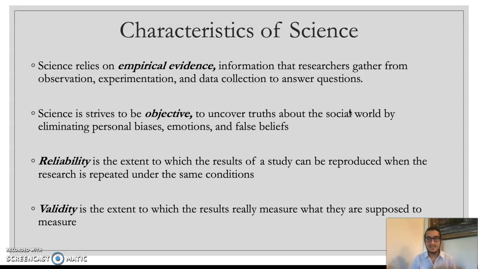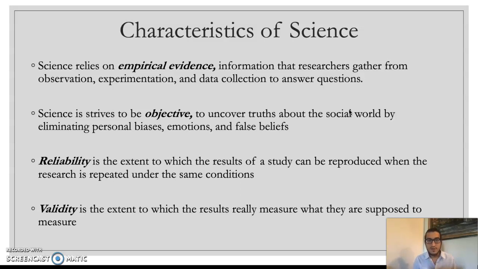So in that instance, the original findings that were being produced by that study definitely were not valid, right? The results really weren't measuring what they were supposed to be measuring. Ice cream sales really weren't correlated with higher murder rates. It was this other variable that the researchers overlooked, the heat.